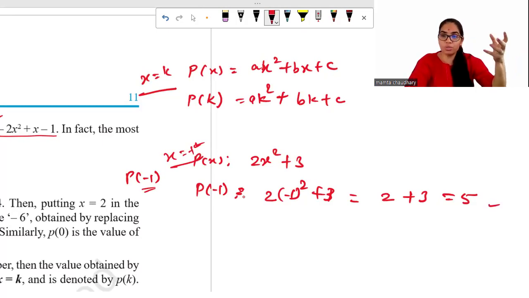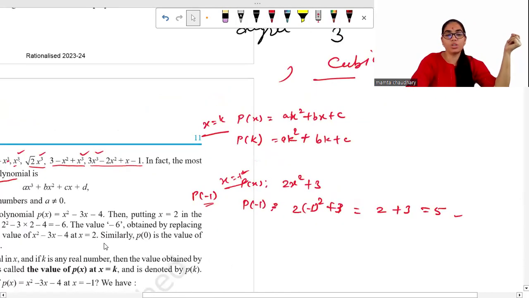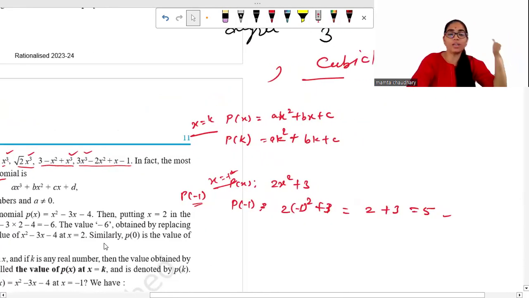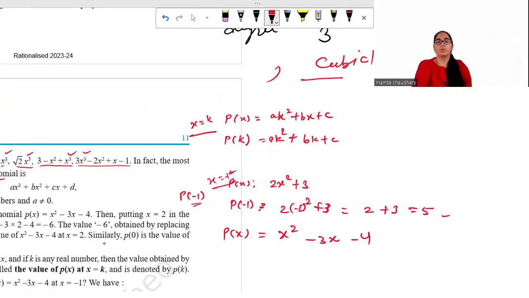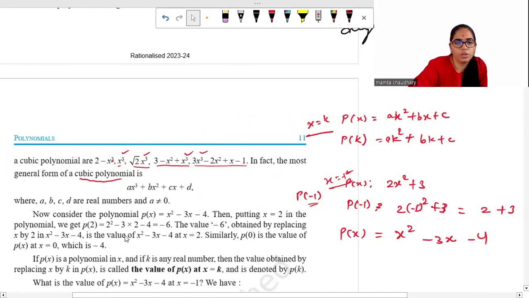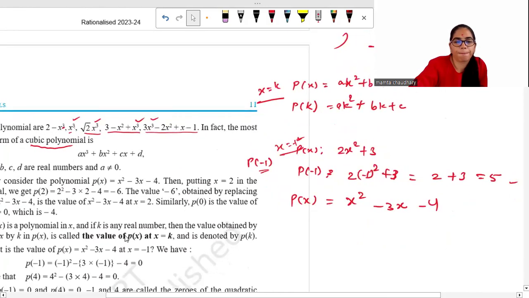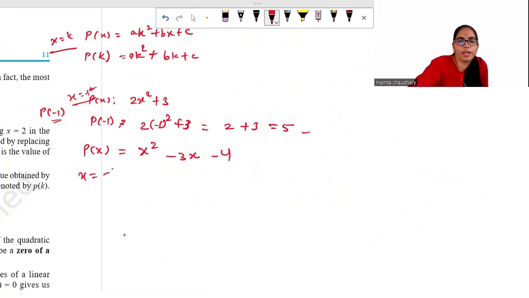Now for some values, the value of the polynomial will come as 0 also. Let's take one example: x square minus 3x minus 4. Now here I am putting x equals 4, the positive 4 only.